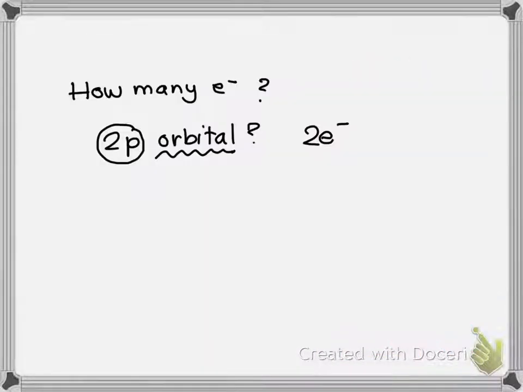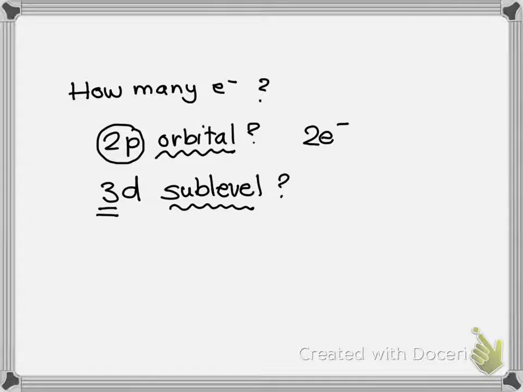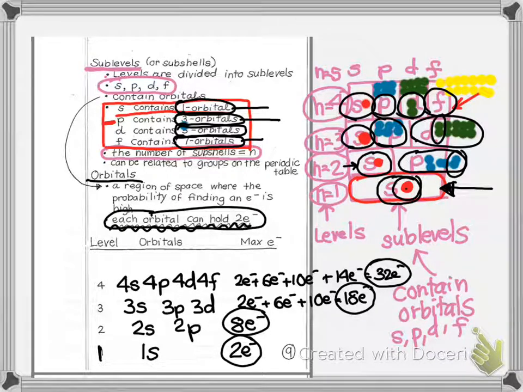Now, what if it said the 3D sublevel? A sublevel is like the room. So the key here is actually not the level, but the letter. So a sublevel is whatever is in one of these blocks.